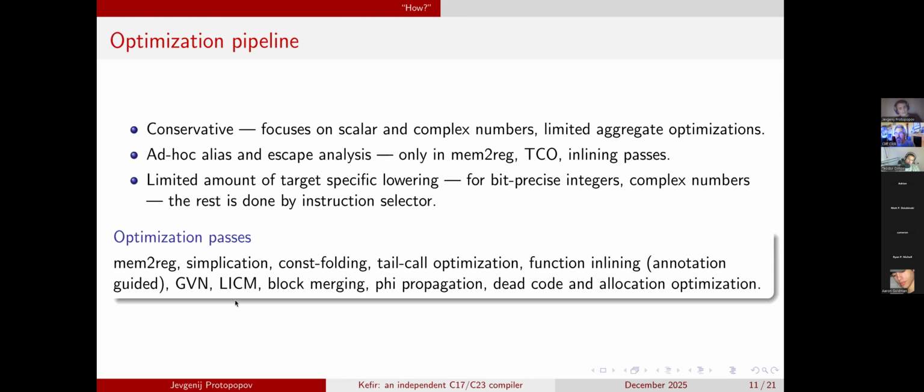Reasonable ones. But again, here I would like to mention that, for instance, I have global value numbering and loop invariant code motion, but at the same time, with the level of abstraction in this IR, it's very hard to do this reasonably. If I do some loop invariant code motion too eagerly, I just mess things up by creating too many cross-block dependencies, and my register allocator is not good enough to handle this at the moment.